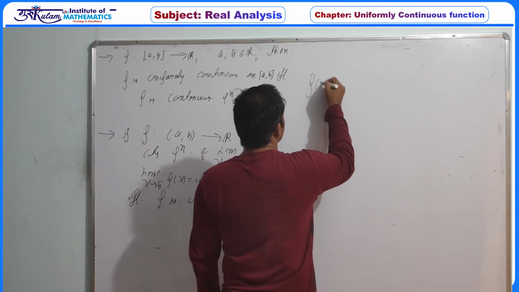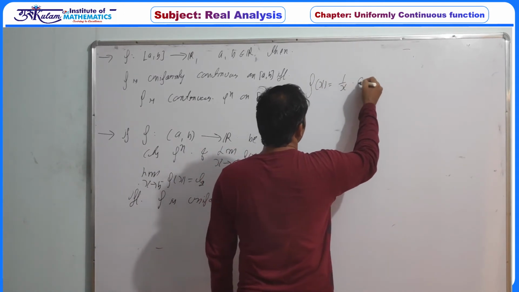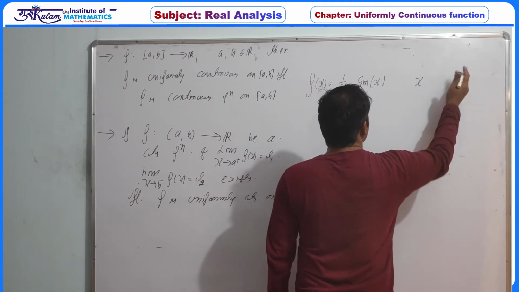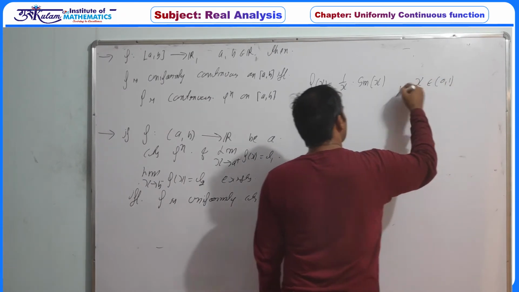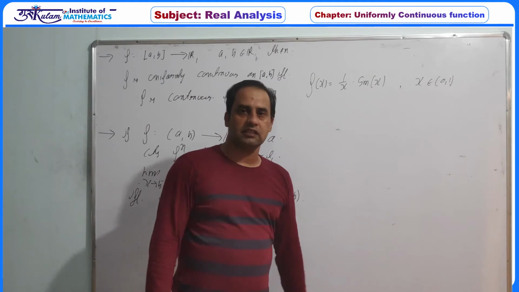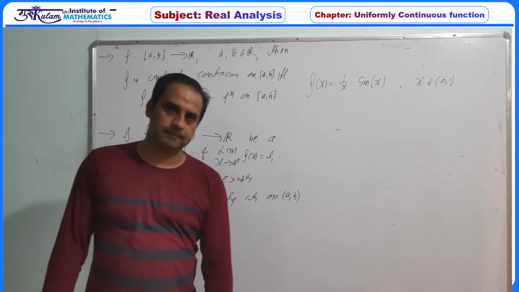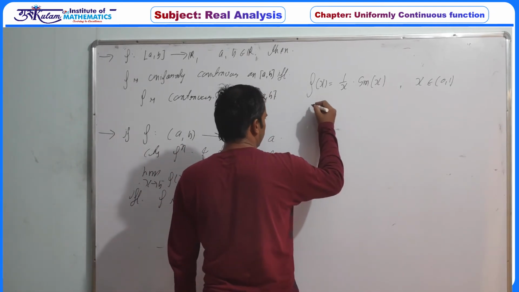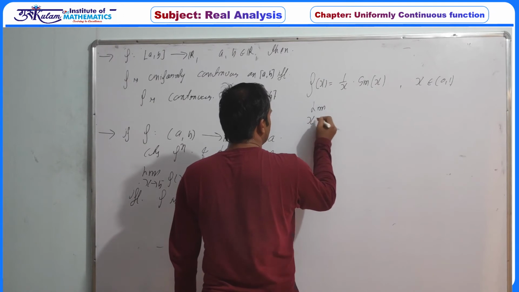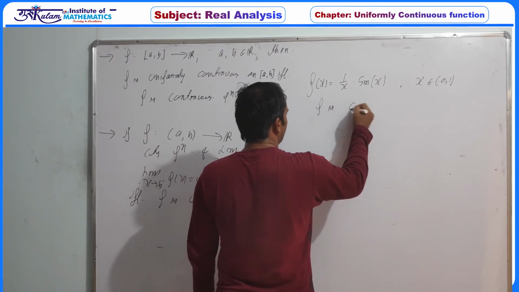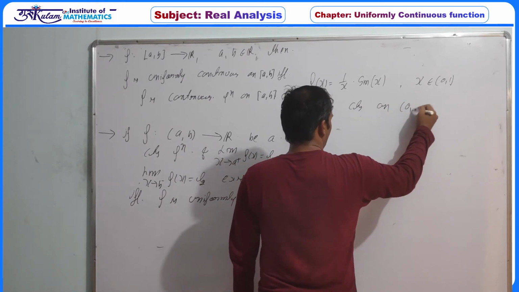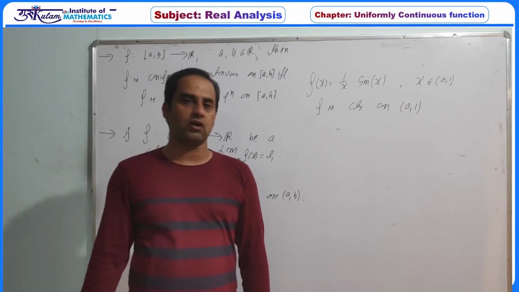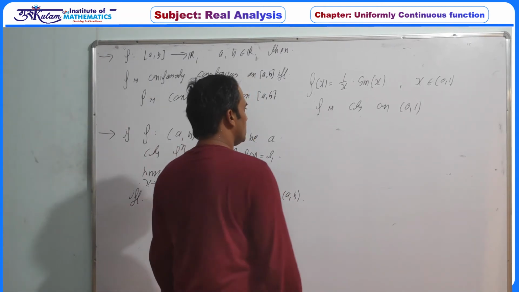Say f of x is equal to (1/x) sin x, with x belonging to the open interval (0, 1). We have to identify whether this is uniformly continuous or not. Obviously f is continuous on (0, 1), since 1/x is continuous, sin x is continuous, and the product of two continuous functions is continuous.